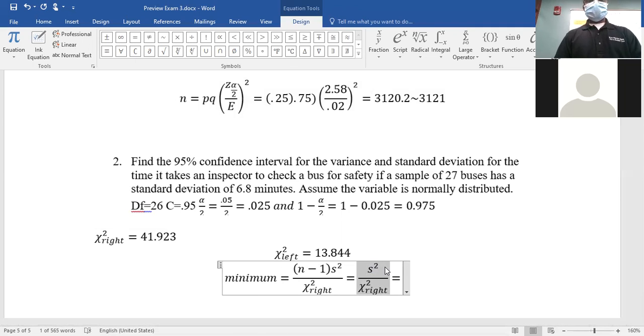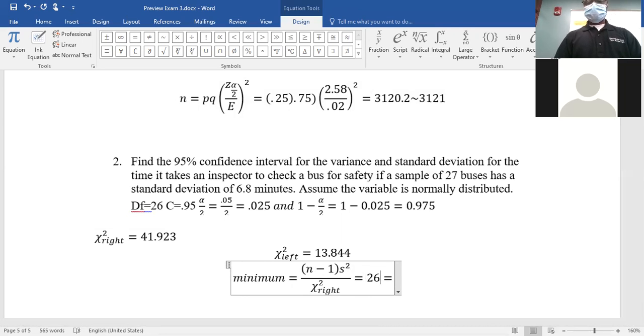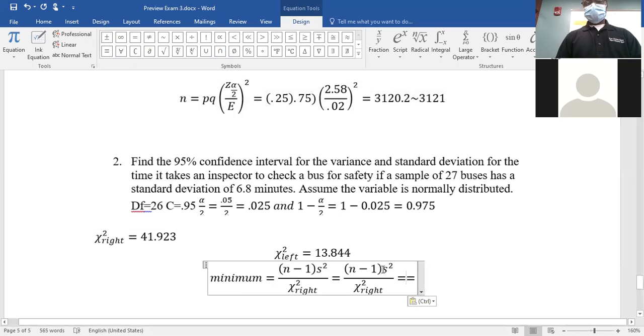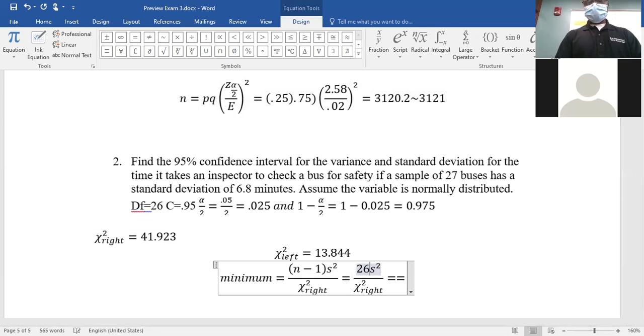Degree of freedom is what? 26. So I will write 26 here. And s squared, s is 6.8.